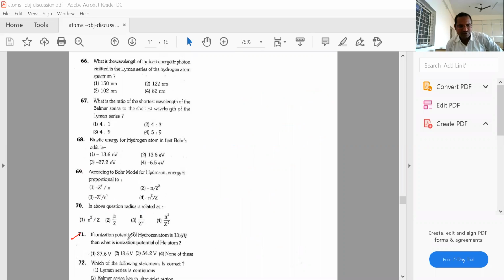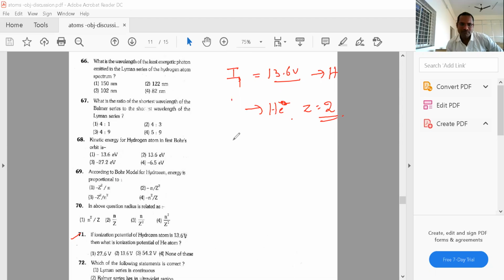If the ionization potential of hydrogen atom is 13.6 volt, what is the ionization potential of helium atom? This is for hydrogen, then what is it for helium? Helium atomic number is Z equal to 2.